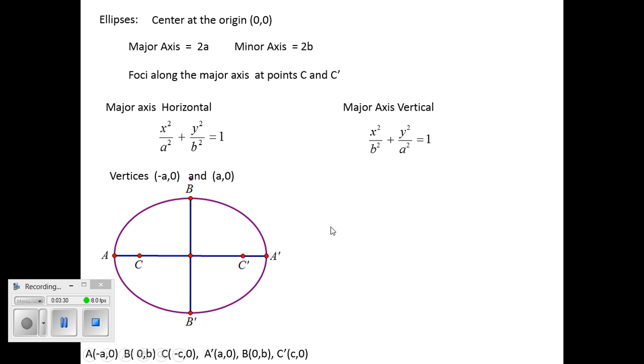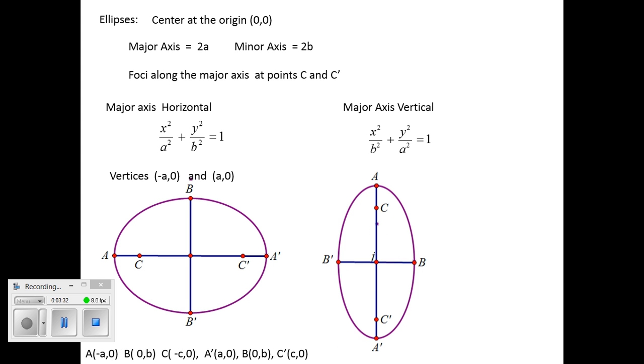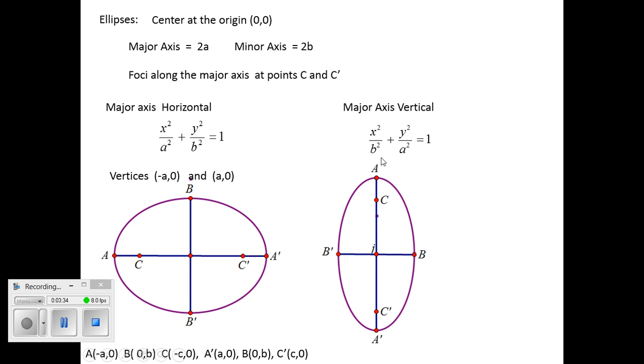In the event that we're orienting this with the major axis running vertically, same convention. The foci points are going to be on the major axis, but the larger value a is going to be underneath the y variable, so it's going to imply that the orientation is vertical.